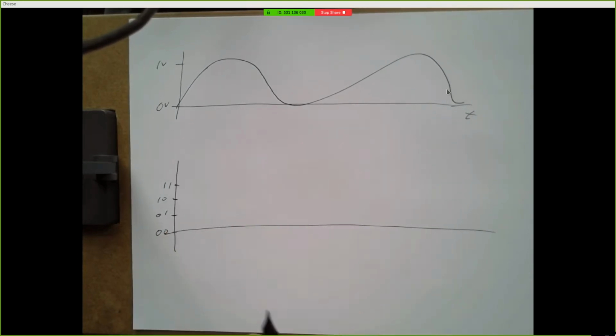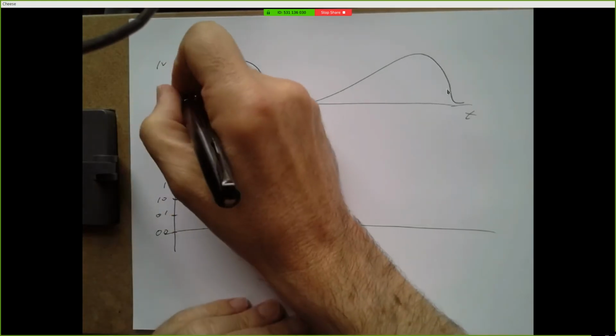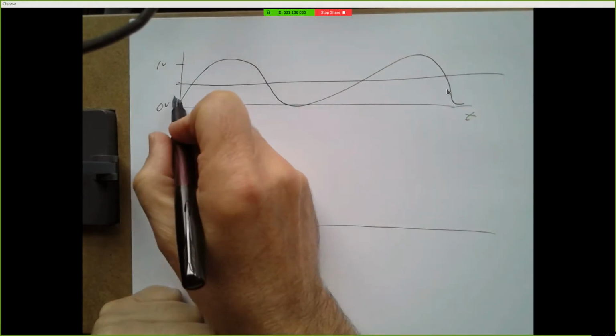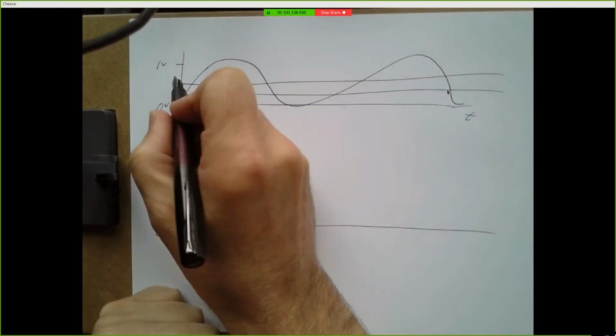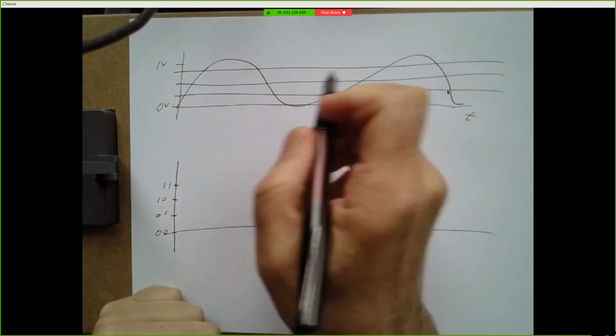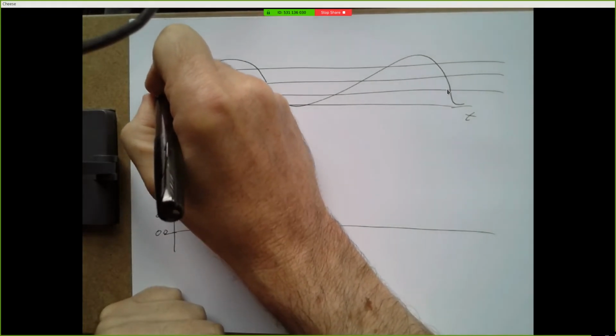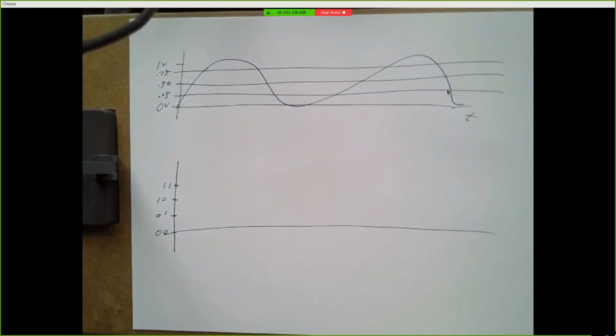And the easiest way to represent this original signal might be to break it up into 4 regions. So here's 0.25 volts, here's 0.50, here's 0.75, and here's 1.